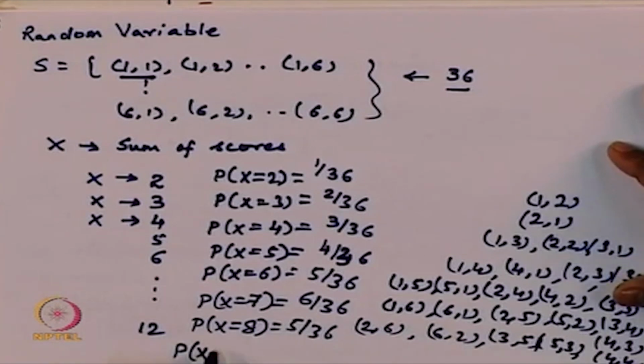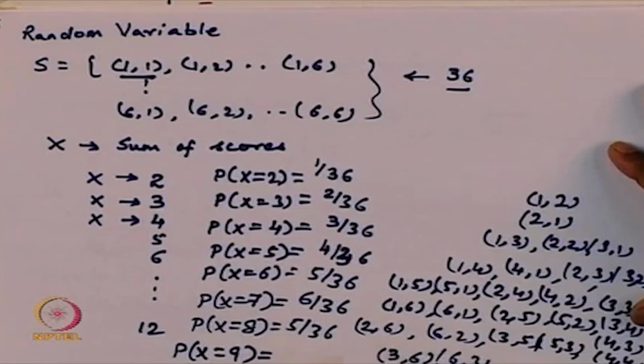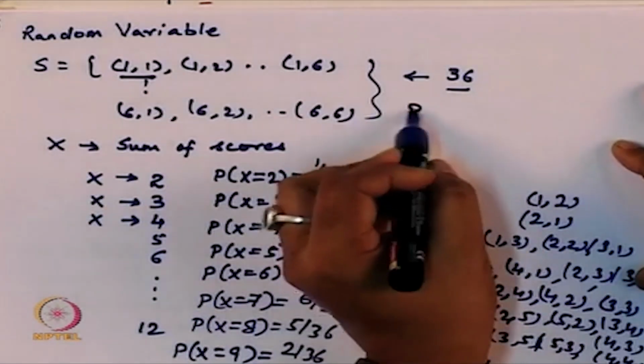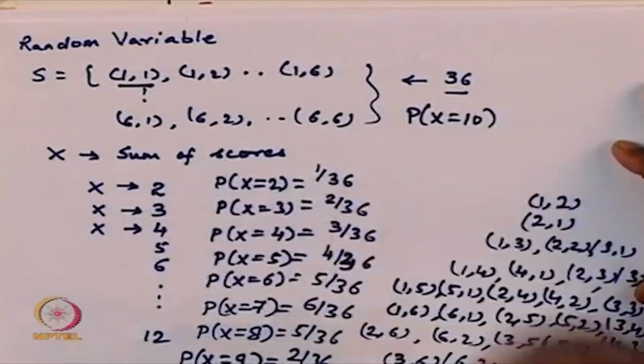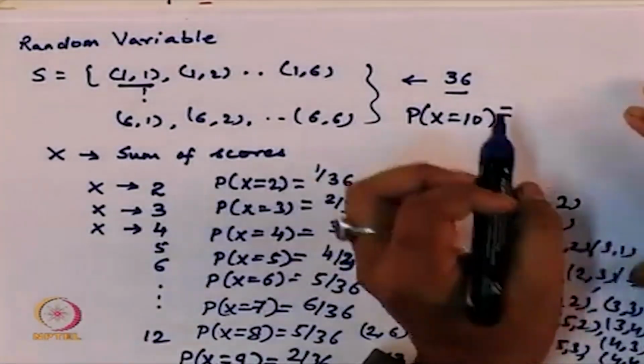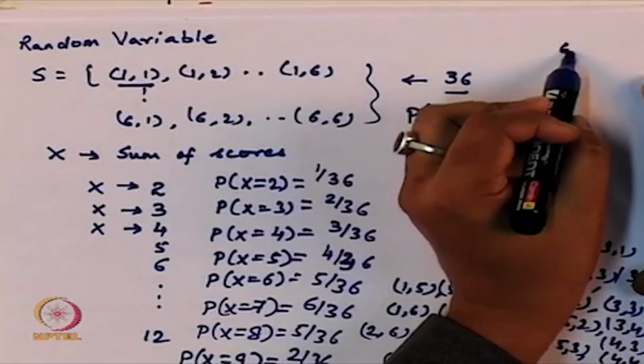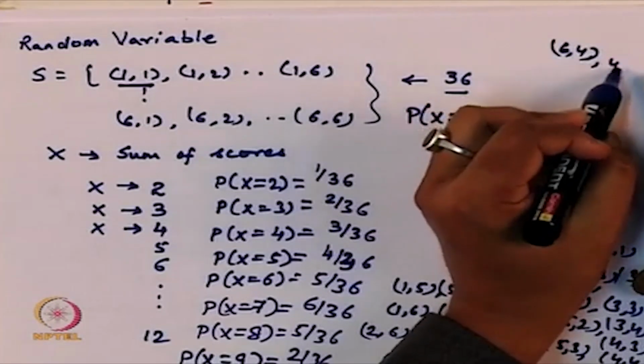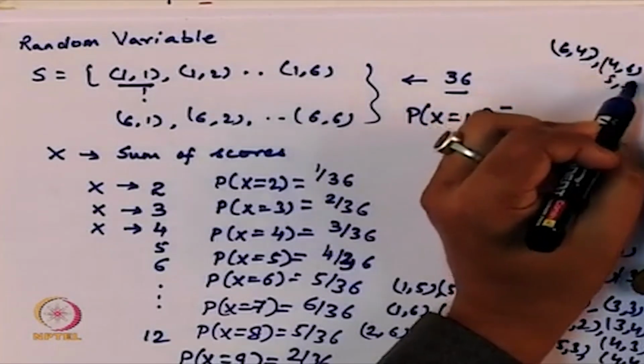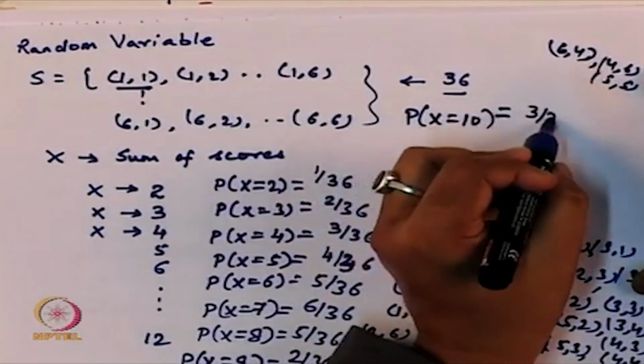Probability of x equal to 9: how will I get 9? I will get 3 6 and 6 3, equal to 2 by 36. Probability of x equal to 10 is, so I have 6 4, 4 6, 5 5, 3 by 36.